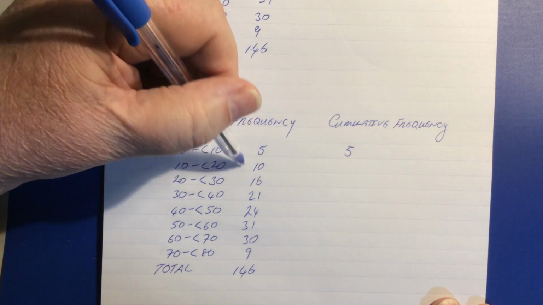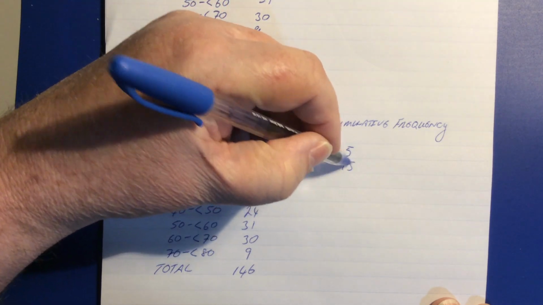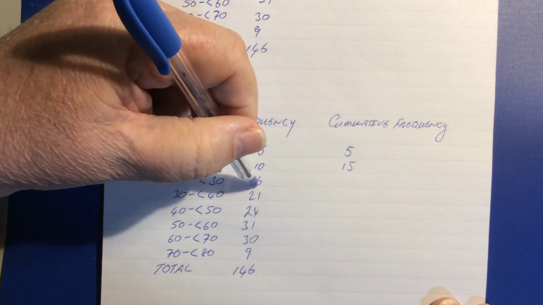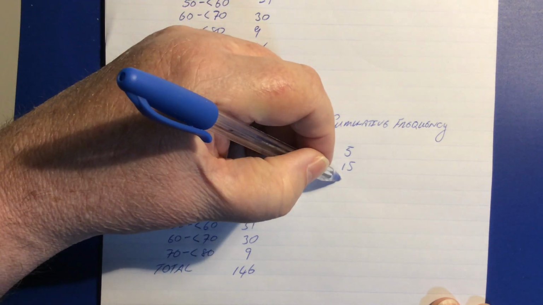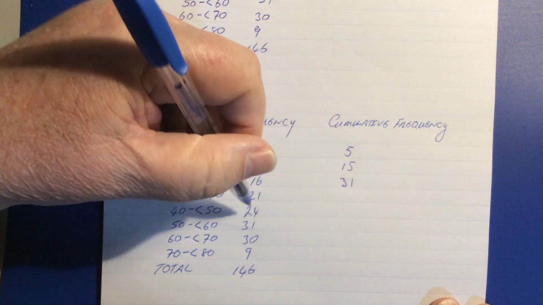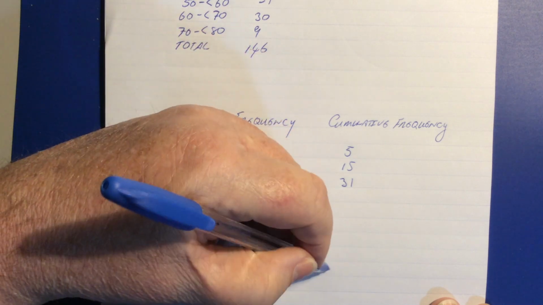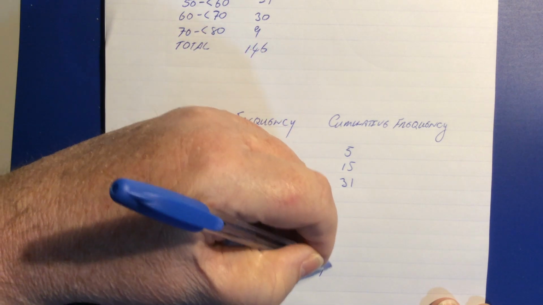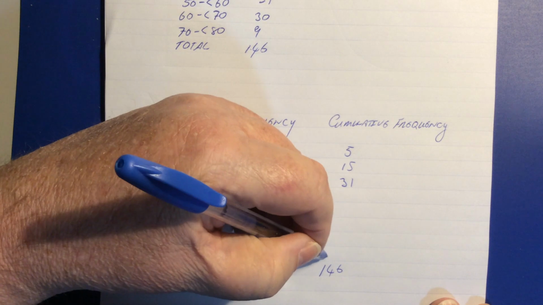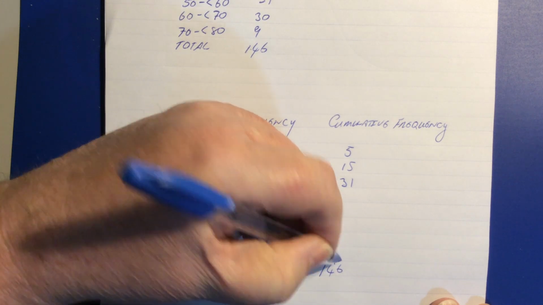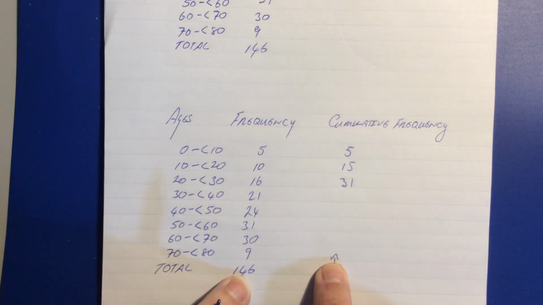When we consider these 2 groups together, we have 15. When we consider these 3 groups together, we have 31, and so forth and so on. And we will get down to 146, which will be the entry in this line, not this line. So this goes up there.